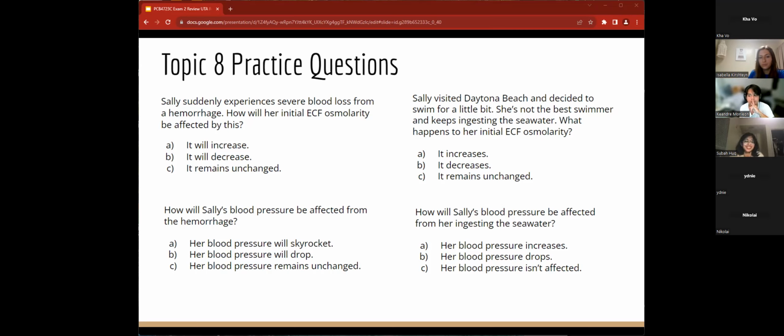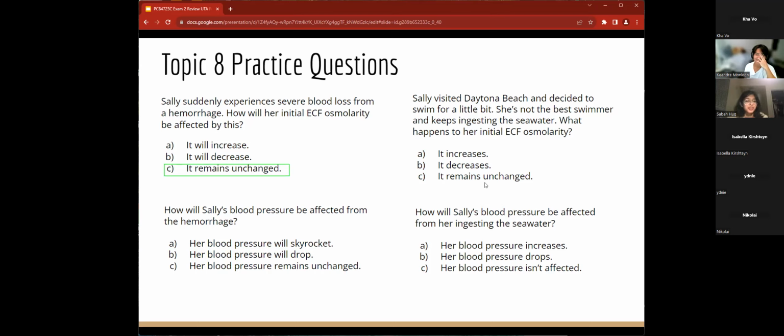Yeah, it's C. So you can click. You can go back. Okay. So basically, her initial ECF osmolarity will remain unchanged, because when she's experiencing severe blood loss, she's just losing volume.